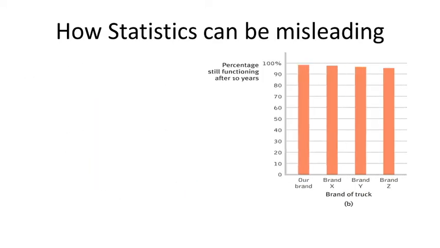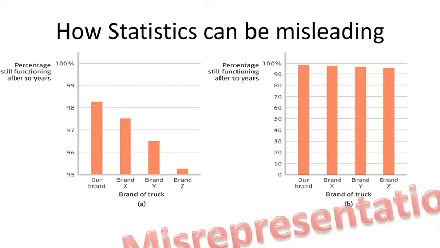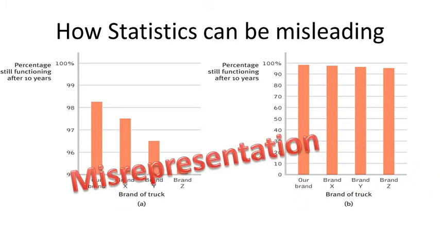If you understand how percent works, it's always out of 100. So it would make a lot more sense for the y-axis to be out of 100. So when you zoom out like this and you look at the data in this more holistic way, I guess you could say, you can see that those differences are not nearly as big as they looked otherwise. So this again is an example of misrepresentation of data.